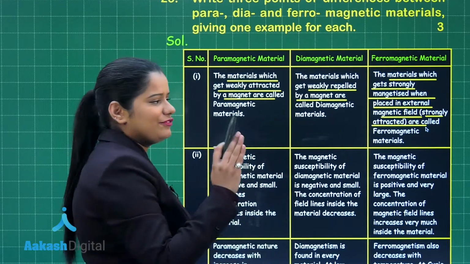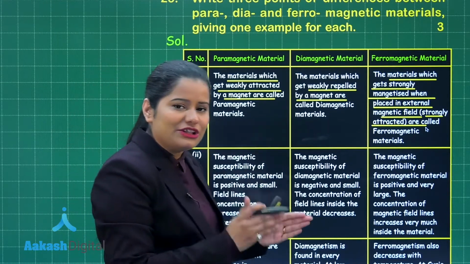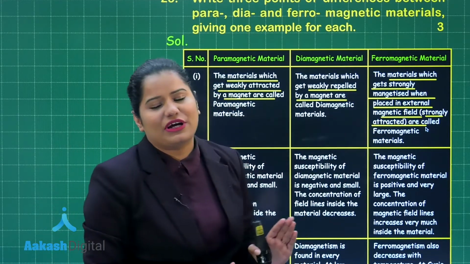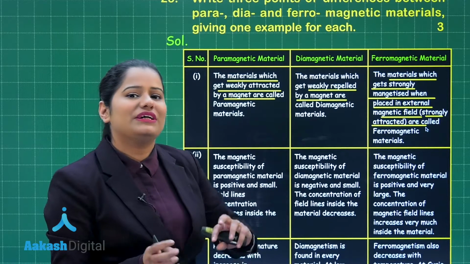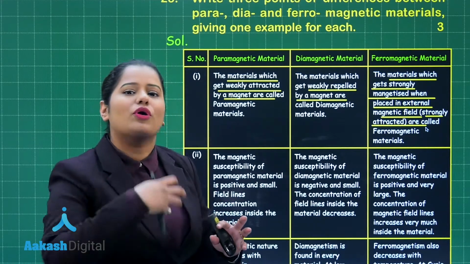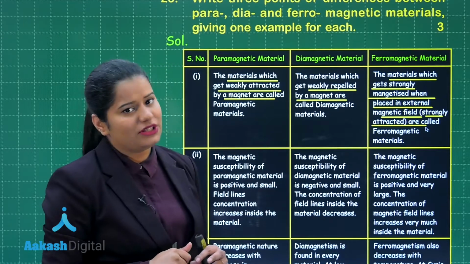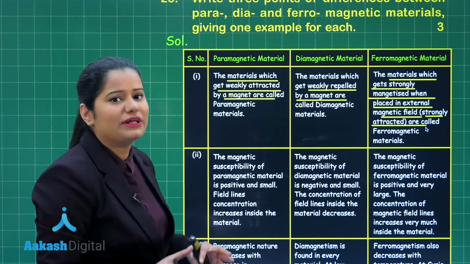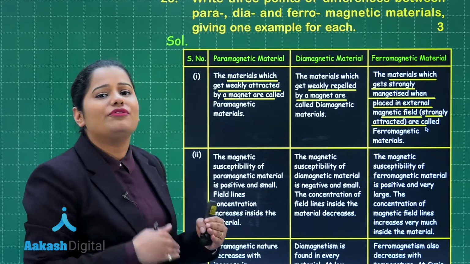So in this first parameter, I have mentioned the differences between the para, dia as well as the ferromagnetic materials on the basis of attraction and repulsion from an external magnetic field or from a magnet.